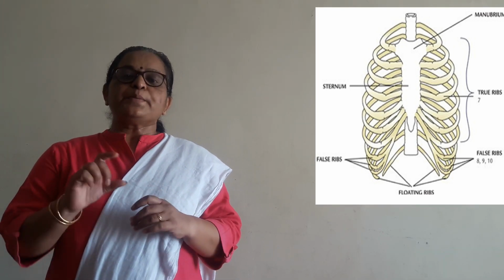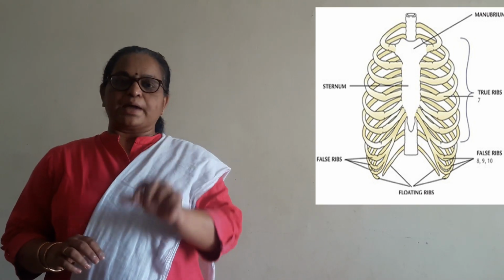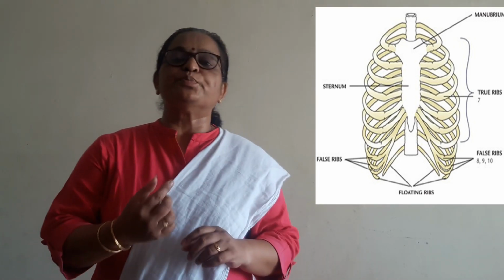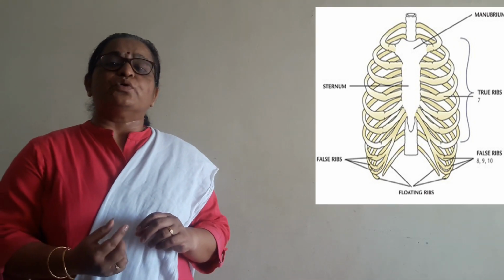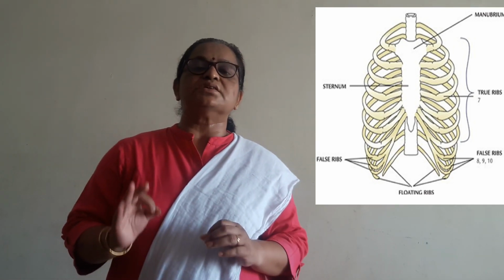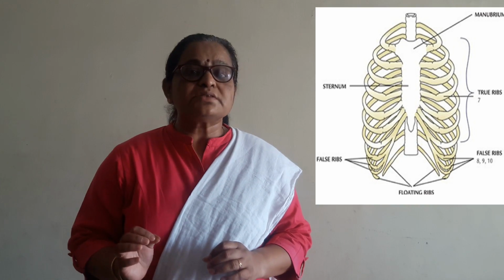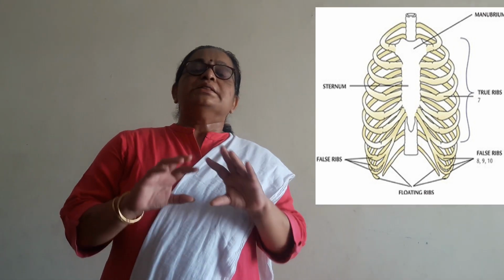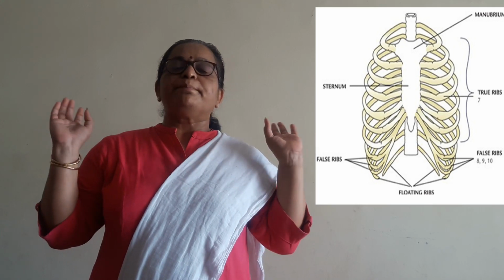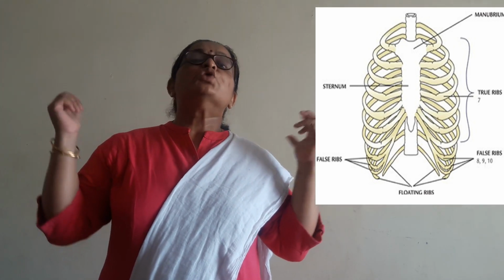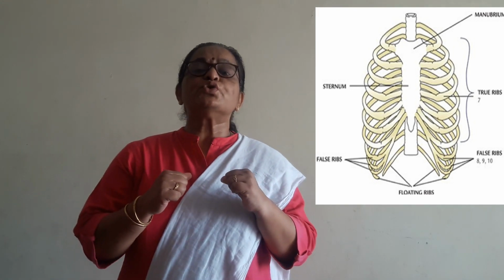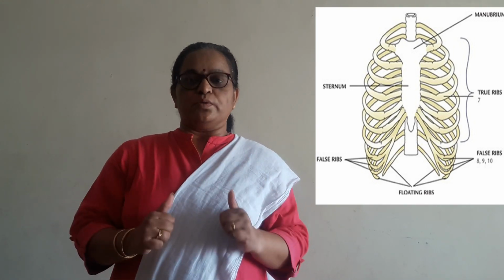In rib cage there is a backbone and front side there is a chest bone. The chest bone is also known as sternum. Yes, chest bone. The ribs are connected back side to our backbone and front side to our chest bone.